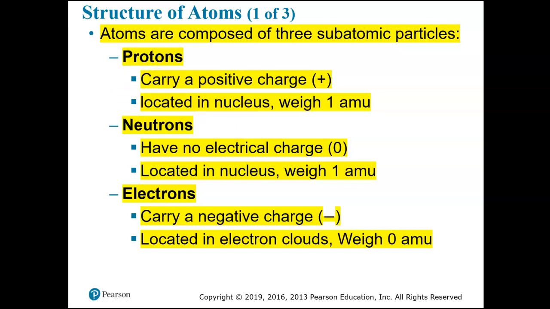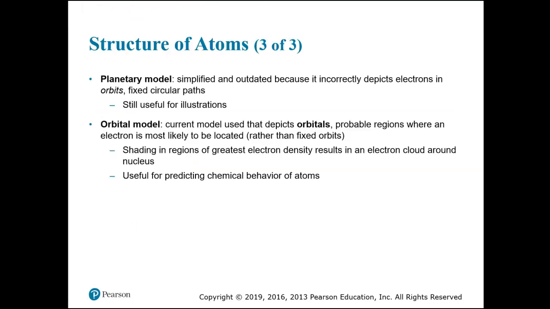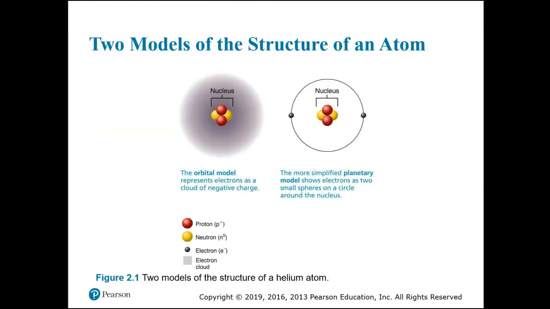A neutron has no charge, or 0 charge, and it's also found inside the nucleus. Electrons have a negative charge. They are located outside the nucleus in electron clouds, and the weight of the electron is nothing in comparison to protons and neutrons. So electrons really don't contribute to the weight of the atom.